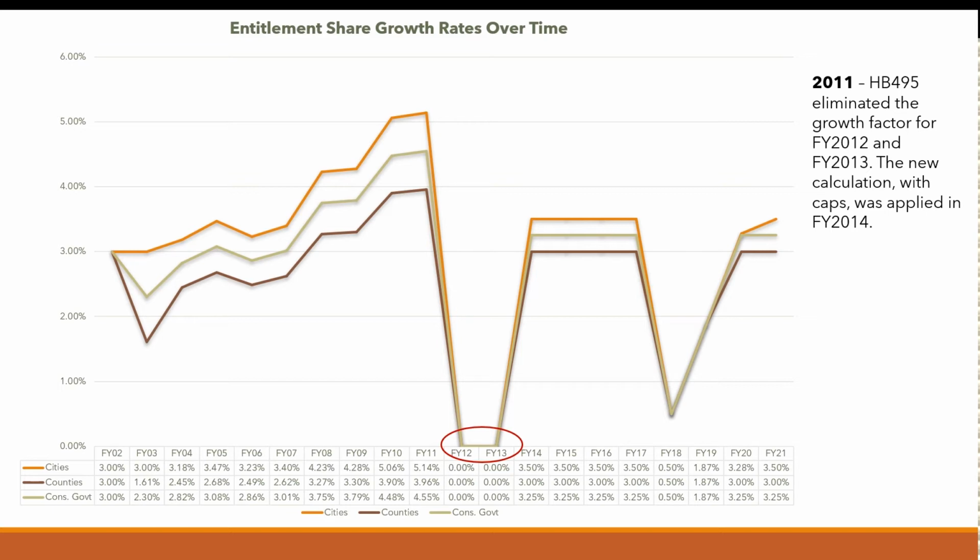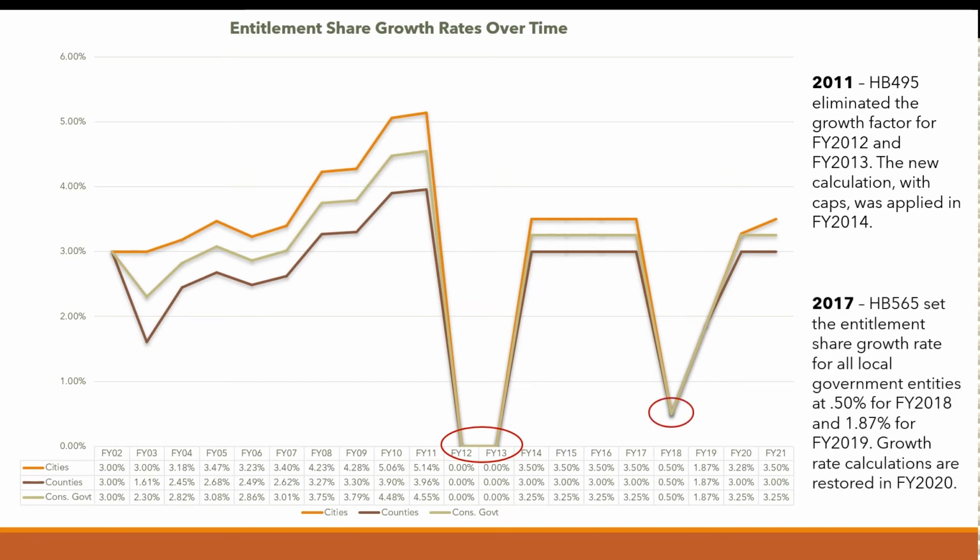Now, the other valley that's of note is in fiscal year 18. In the 2017 session, House Bill 565 set the entitlement share growth rate for all local government entities at 0.5% for fiscal year 18 and 1.87% for fiscal year 19. And then growth rate calculations will be restored in fiscal year 2020.